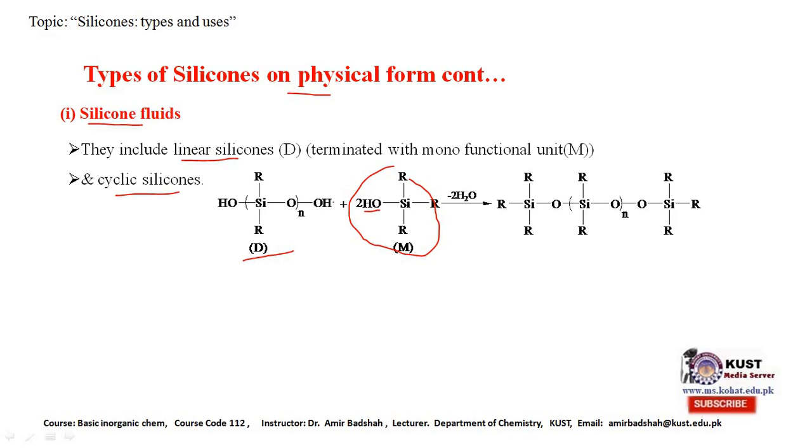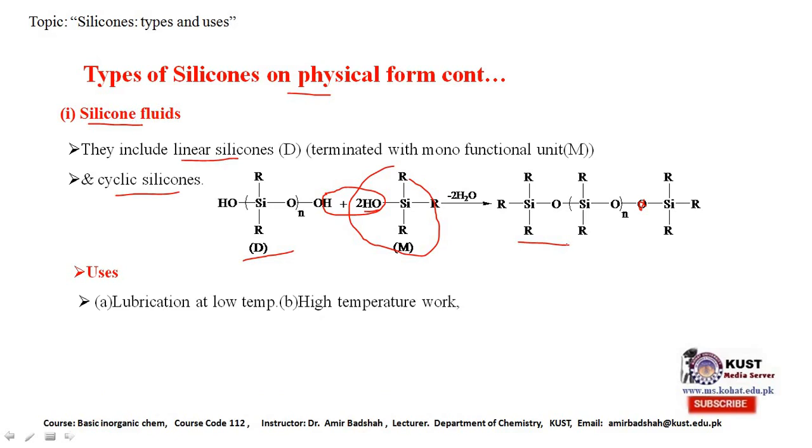So when it is treated with this, a water molecule is removed, and by the removal of this water molecule, it is connected as such. Sorry, this oxygen is not here, and it is also bonded on the second side. So we will get such a structure. In this structure, this is still a linear one, but here the hydroxyl groups are not present at the ends, and it is terminated by a monofunctional group, so it comes under the silicone fluids.